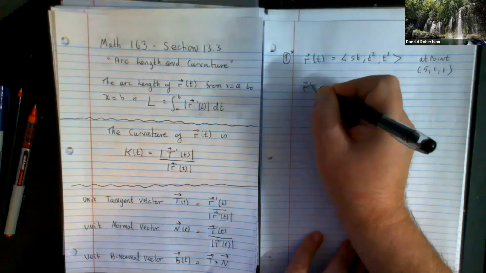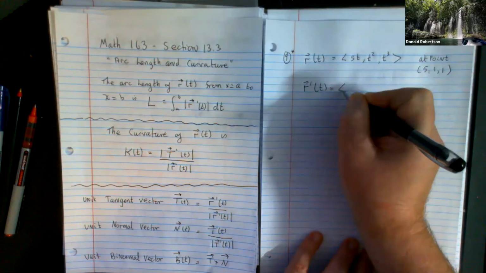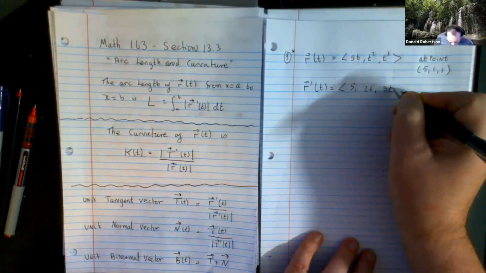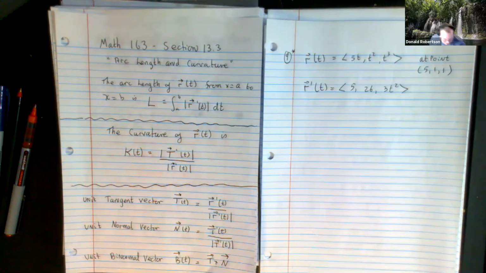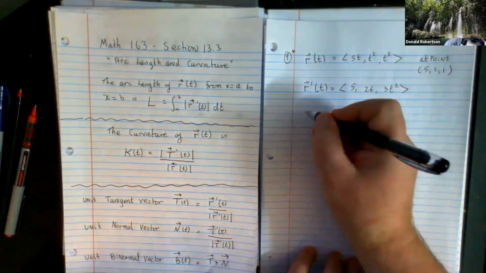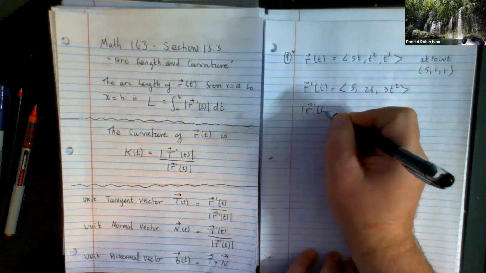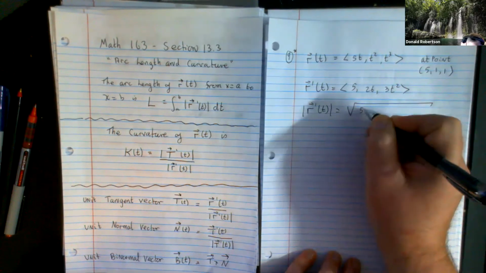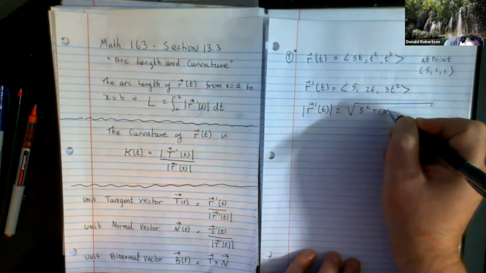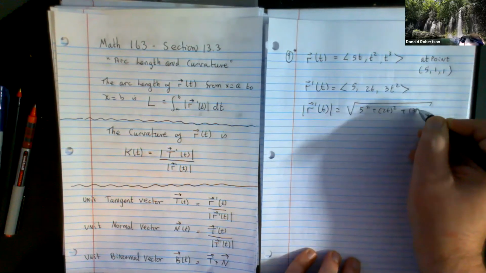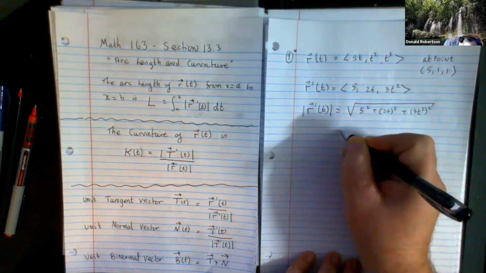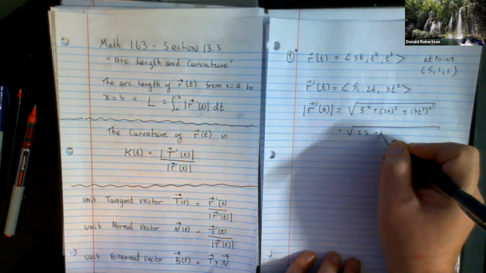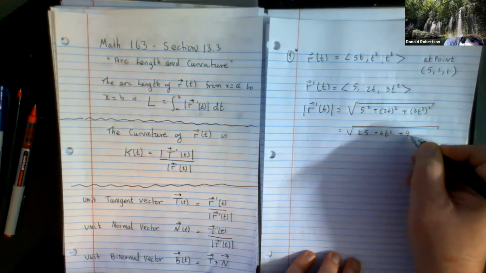The derivative: 5, 2t, 3t squared. We're all happy with that? Magnitude: five squared, 2t squared, 3t squared squared. 25, 4t squared, 9t to the 4.